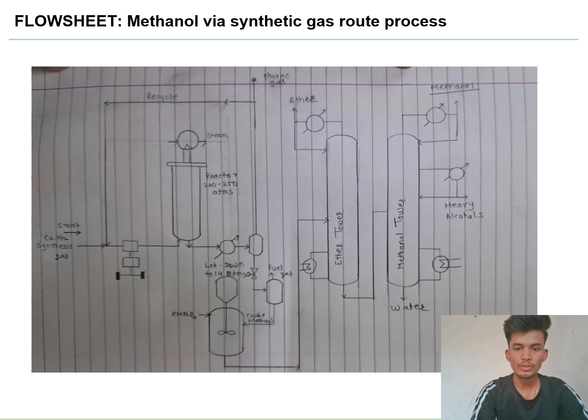Then it is further sent to the methanol tower where a fractionator is used to separate methanol from high molecular weight compounds like higher alcohols. And then we get separated methanol and water and we get 90% yield of methanol. Here we can see heat exchangers such as condensers are used.